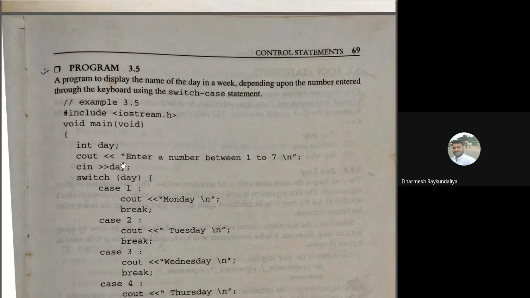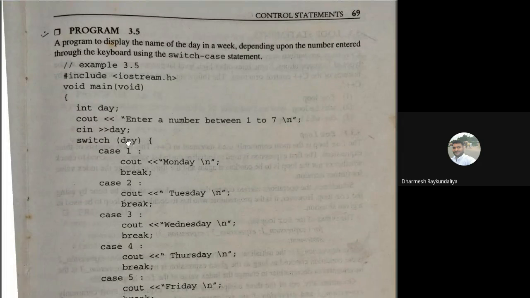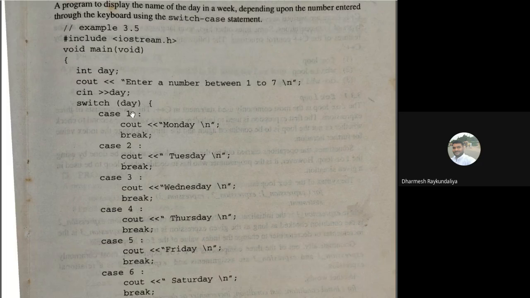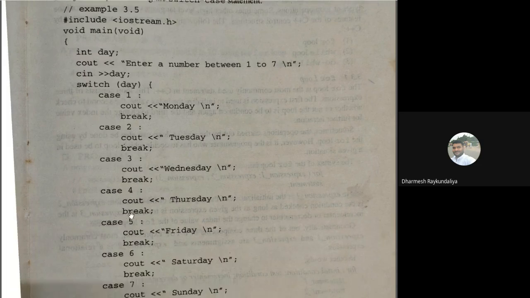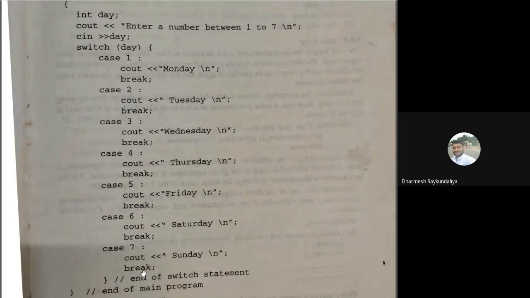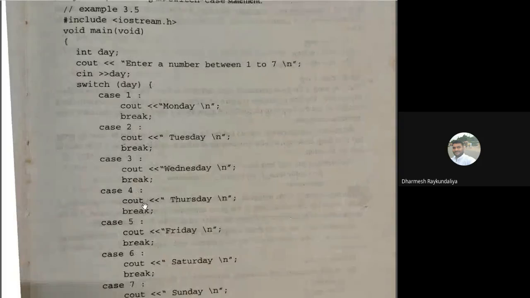Users will supply a number, so you write cin >> day so that the compiler will take a number. If that number is from 1 to 7, day takes any one value from 1 to 7. Now how many constants do you have? 1, 2, 3, 4, 5, 6 and 7, and the default is not given here.